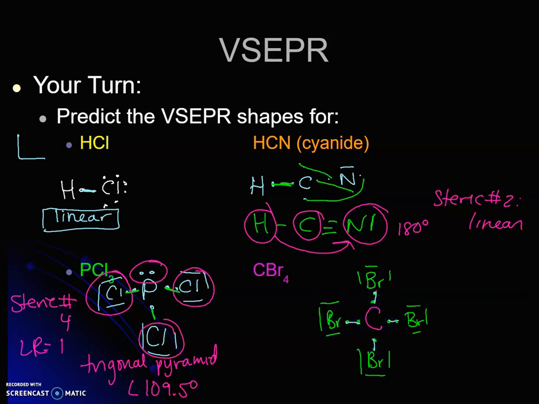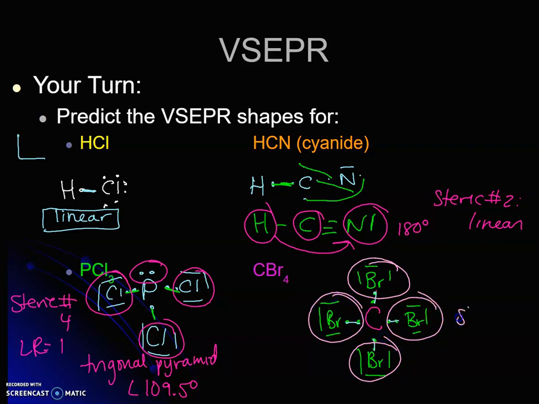How many things are around the central atom? 1, 2, 3, 4. Steric number of 4. Any lone pairs around the central atom? Nope. So this is tetrahedral, and the bond angle is 109.5 degrees.